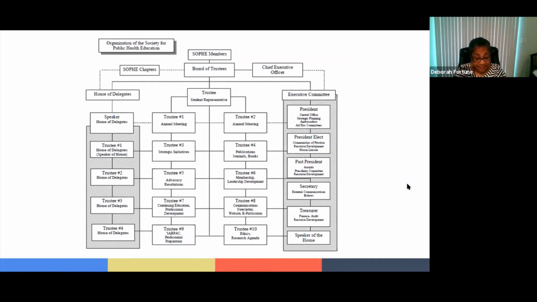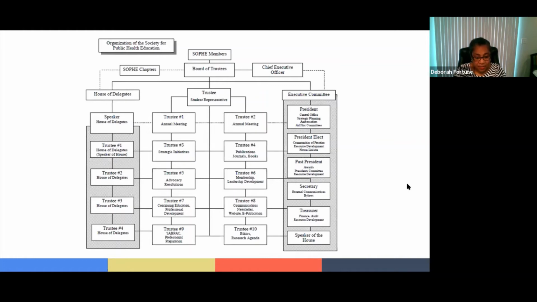The House of Delegates, currently we have 4 elected delegates from the chapters. As you can see, we have a person that's considered the speaker from the House, and then there's a trustee 1, 2, 3, 4. And when we look at our Executive Committee, that consists of the current president, the president-elect, the immediate past president, secretary, treasurer, and the speaker of the House that comes from the chapter.